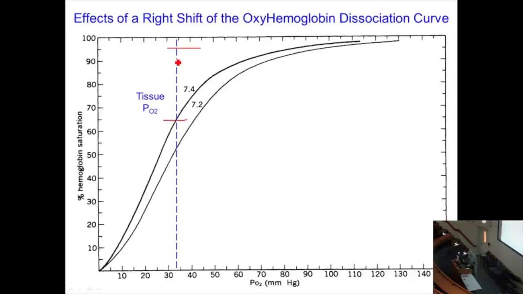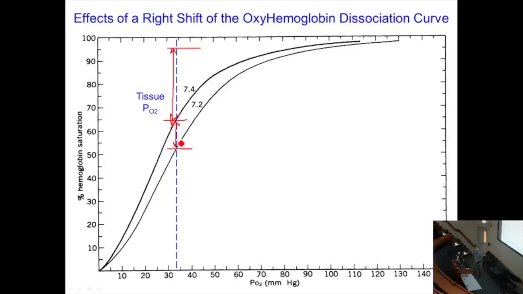We go to the tissue, and this is how much oxygen will be released. If we go to a tissue that has a lower pH, we're going to release an additional amount of oxygen.